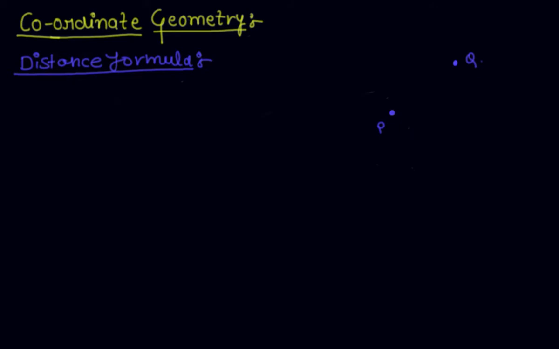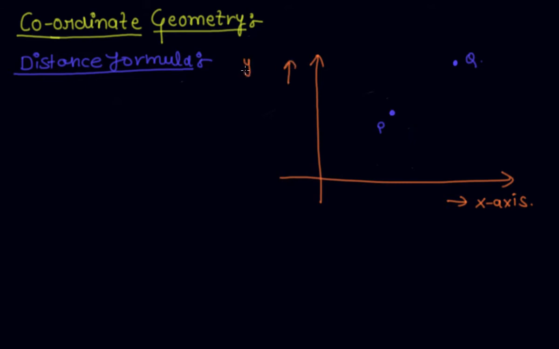So I draw rectangular axis. This is x-axis and this is y-axis, and this is first coordinate.